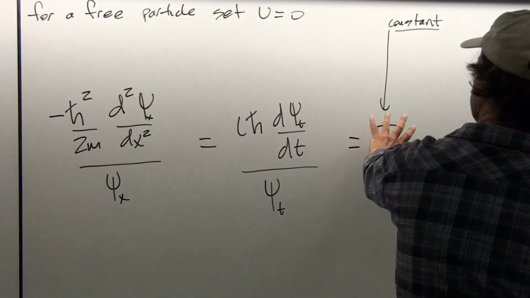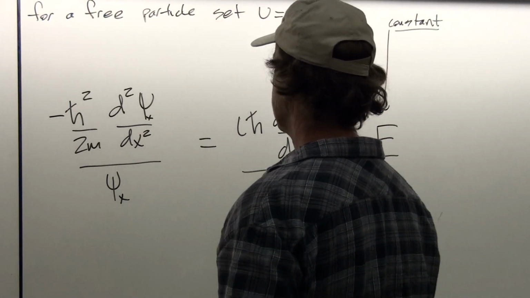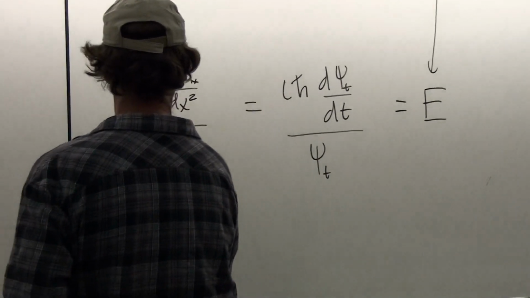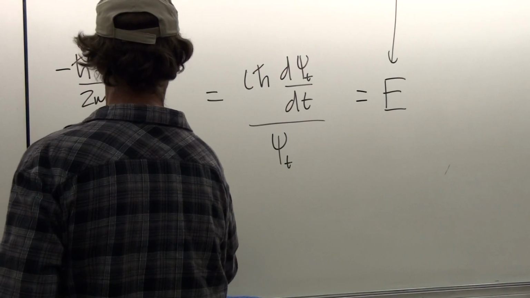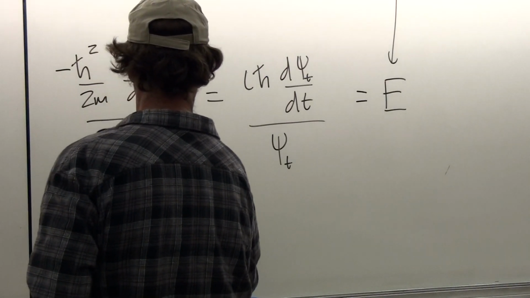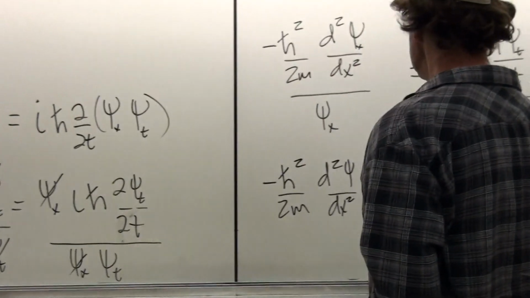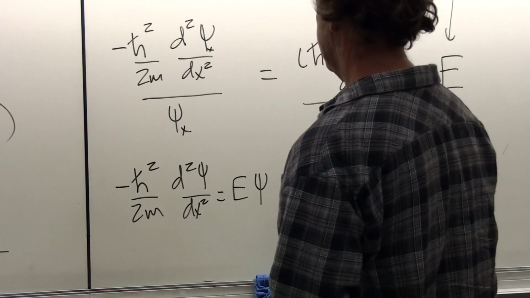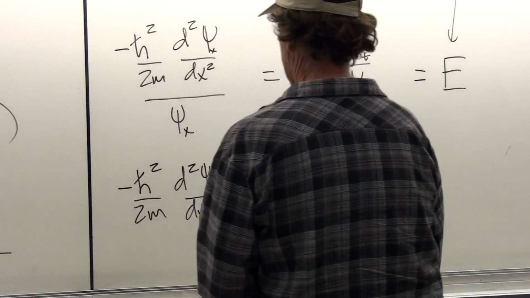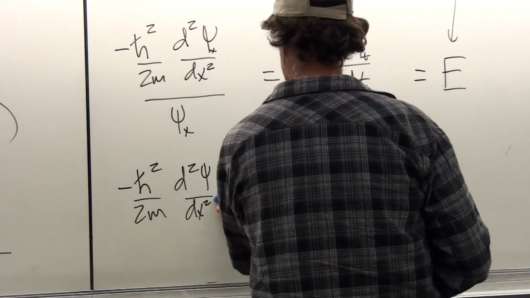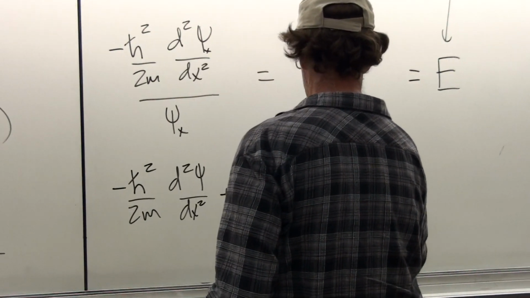And so if I rewrite this first equation and set it equal to the same constant as I have written for the second equation, what I end up getting for the first equation is minus h bar squared over 2m d squared psi dx squared equals E psi. Or if we had a U in there, it would be plus U of psi equals E of psi. So that would be true in general. And so this is just what we had before. Even if U is not equal to 0, we could write this as plus U psi equals E psi.